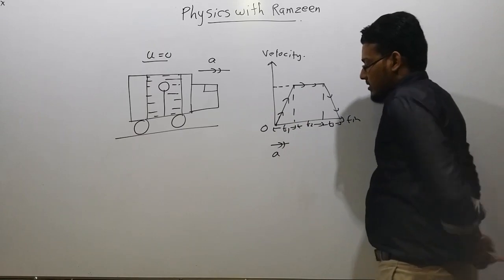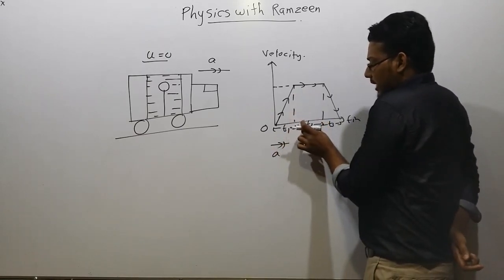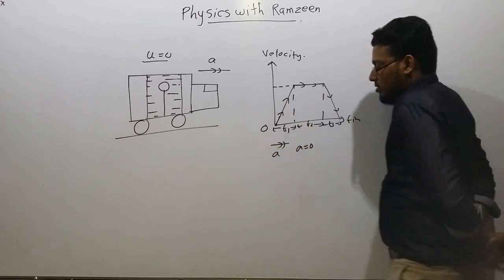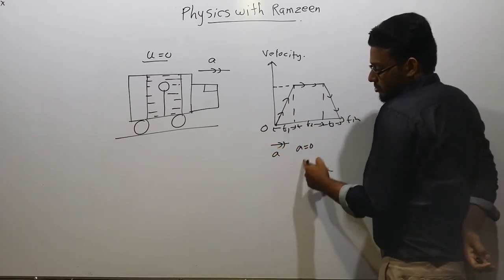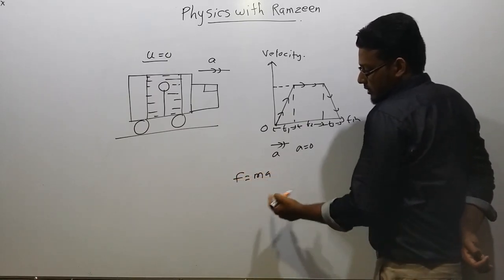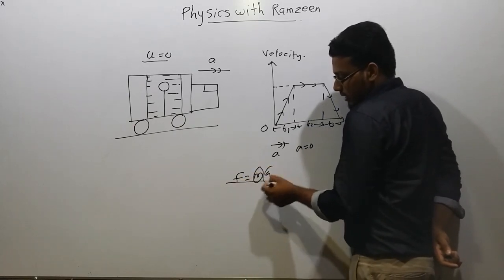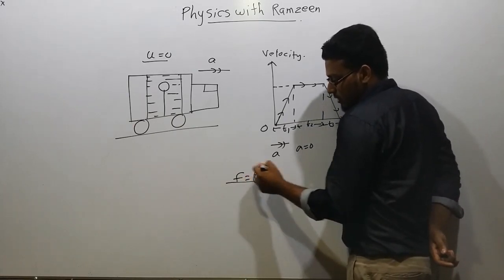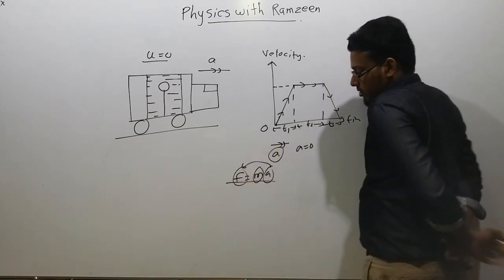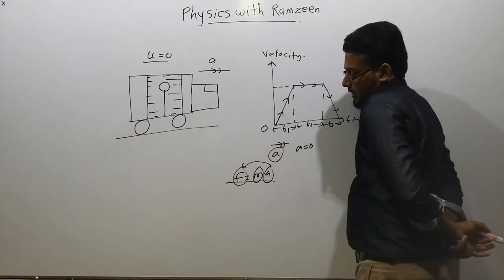So I can say within this T2 time duration there is no acceleration. So there is no external force also, because F equals ma in Newton's second law: the mass and the acceleration multiplied is equal to the resultant force. When there is acceleration in the body, then I can say there is a resultant force acting on the body.